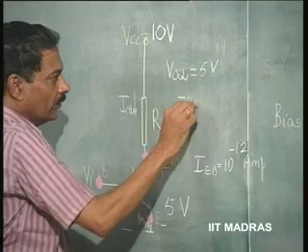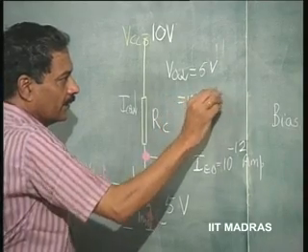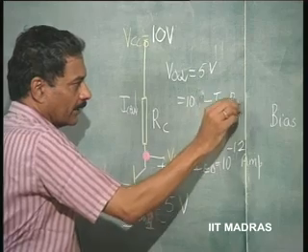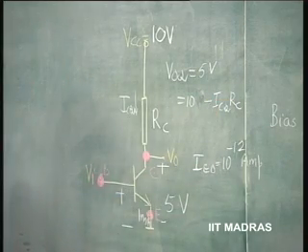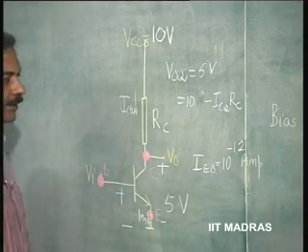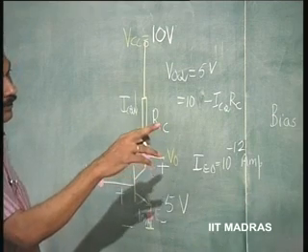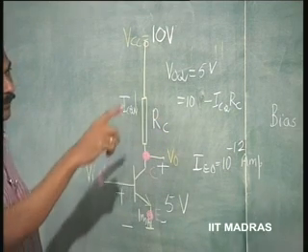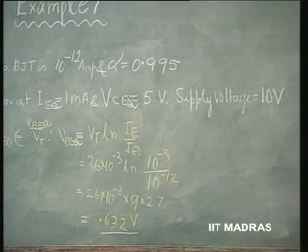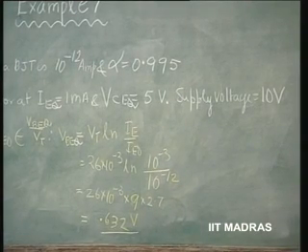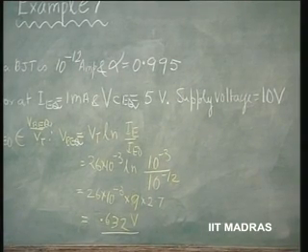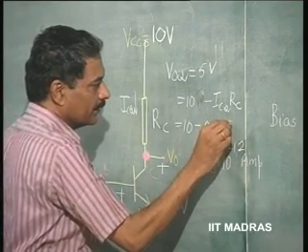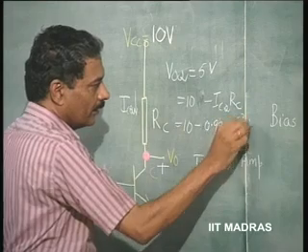This is 10 volts minus I_CQ times R_C. And I_CQ is already known to be alpha times I_EQ. Alpha is 0.995, I_EQ is 1 milliampere, and therefore this is 10 minus 0.995 milliamperes times R_C.